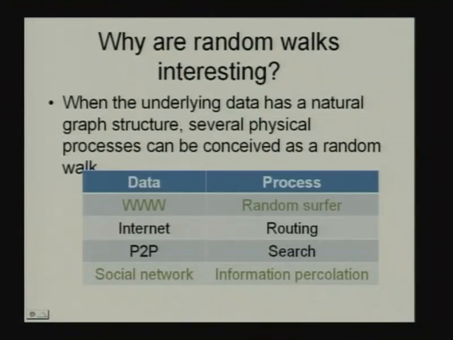If you are looking at the web as your data, then think of a random surfer. The surfer starts at a page and goes to another page following links and so on. We already discussed this during the last lecture when we were discussing the PageRank algorithm. So, this process of random surfing is nothing but a random walk on the web graph. Think of the internet.